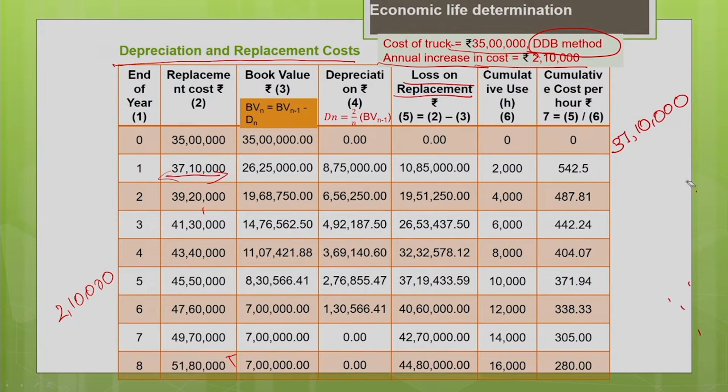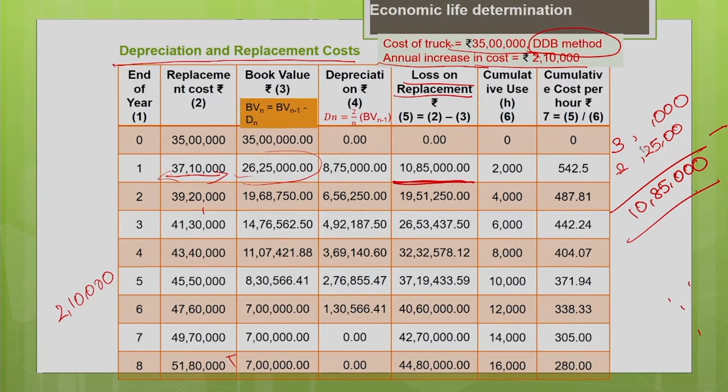But at the end of the first year, if I replace my old machine with a new machine, the inflow I can get is only 26 lakh 25,000, because your machine is depreciated. So the difference, 37 lakh 10,000 minus 26 lakh 25,000, is your loss. The loss is nothing but 10 lakh 85,000. This is your loss on replacement if I replace the machine at the end of the first year.